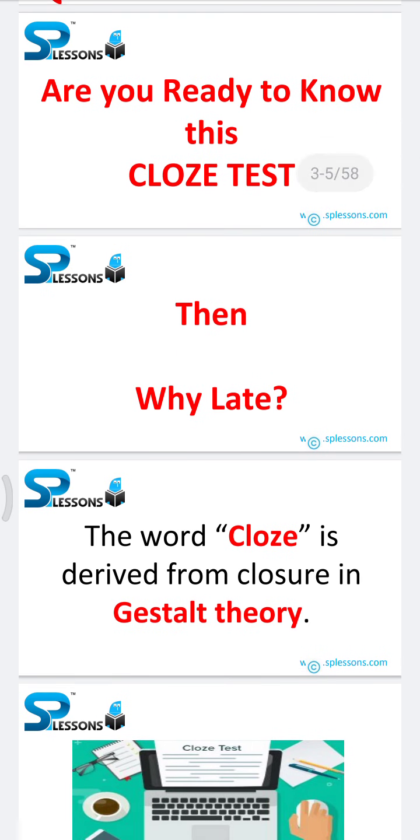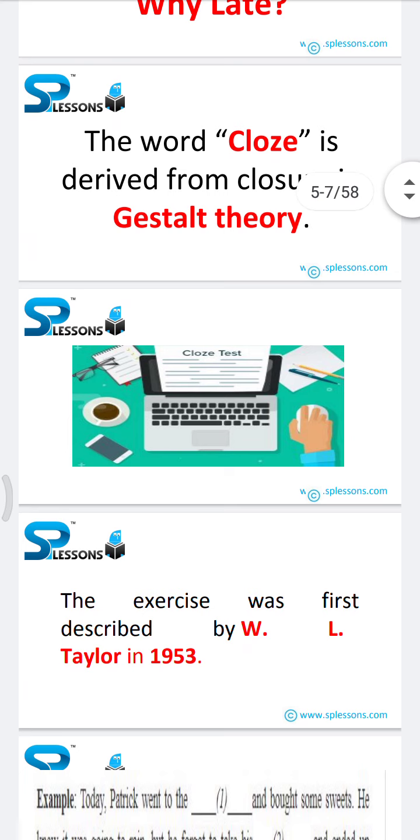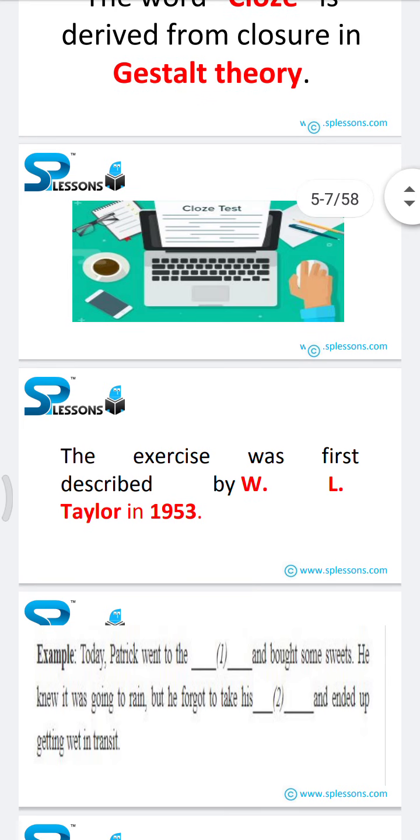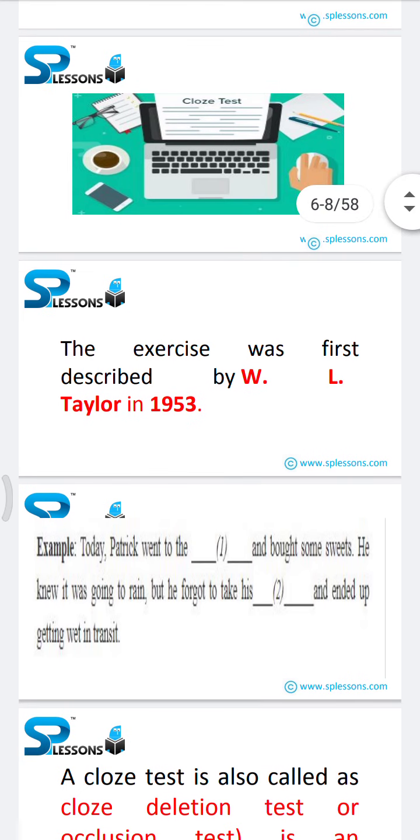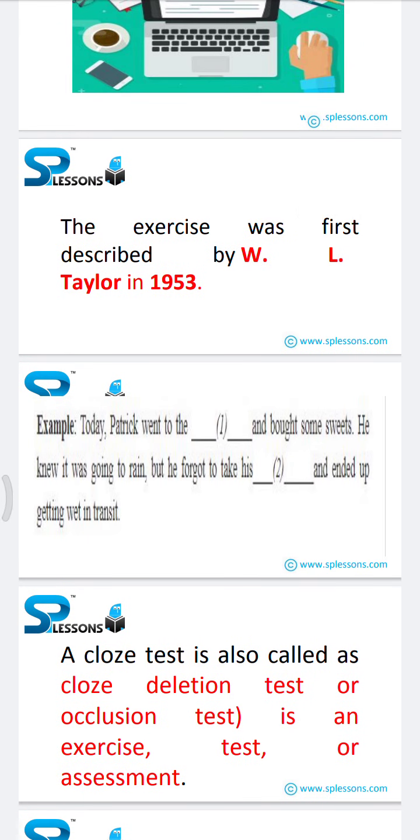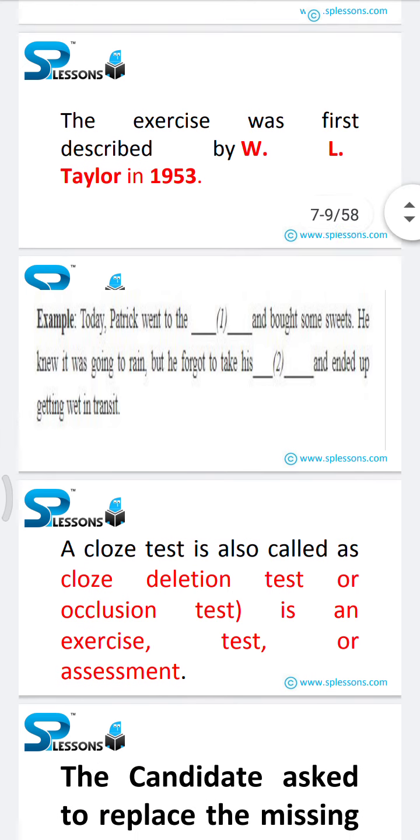The very first thing: the word close is derived from closure in Gestalt theory. The exercise was first described by W.A. Taylor in 1953. Here I am providing one example, so let's get an idea of how the closed test section will be given in exams.